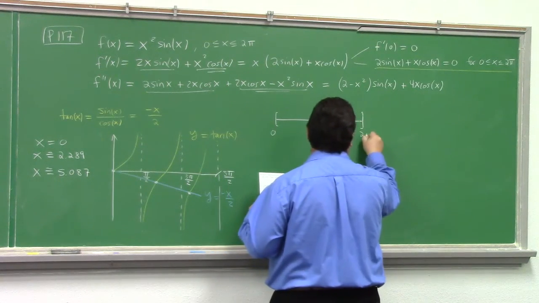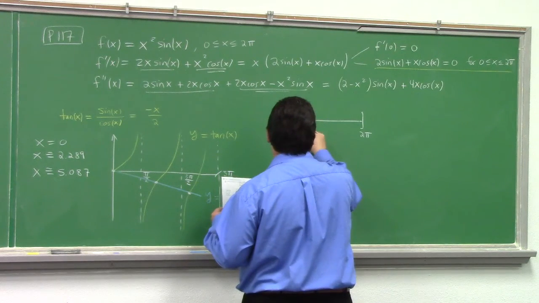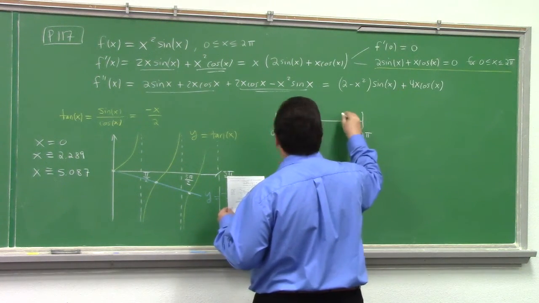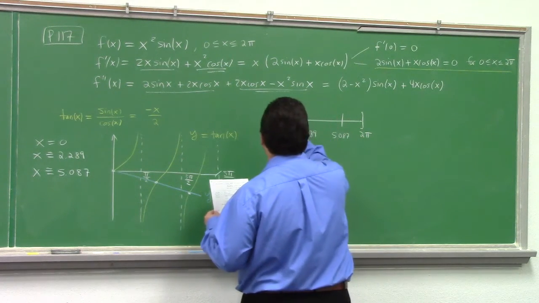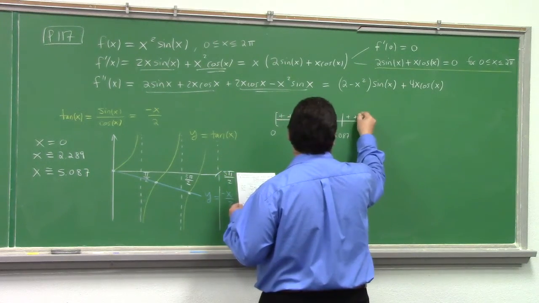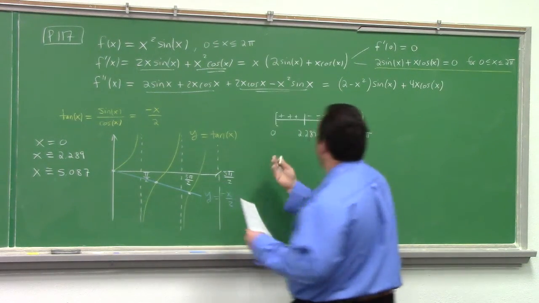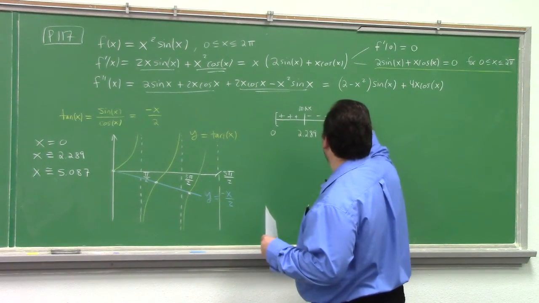Zero, 2 pi, 2.289, 5.087, and you plug in some points, you get plus, plus, you get minus, minus, pluses again. So this is a max, local min, right?